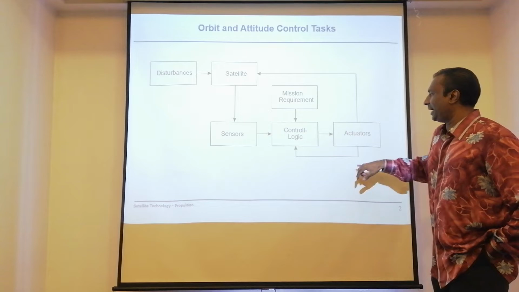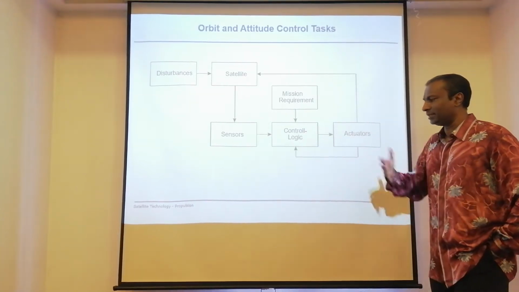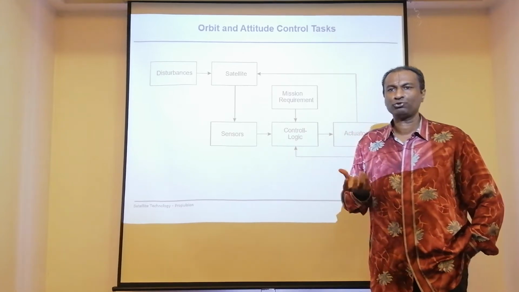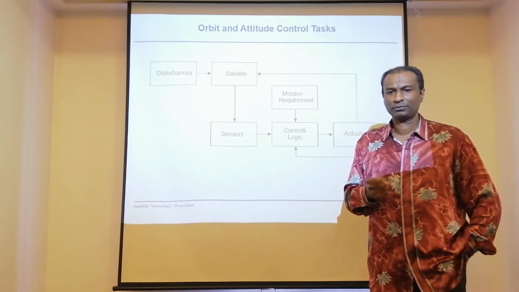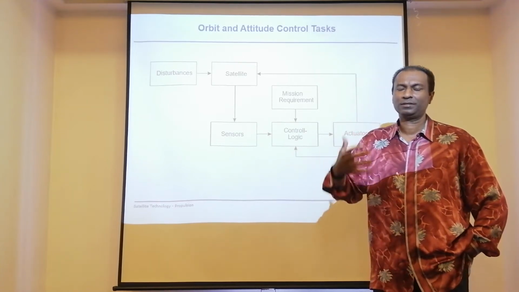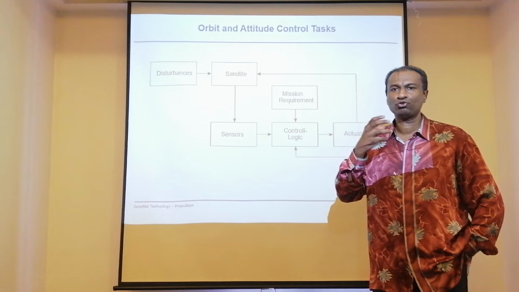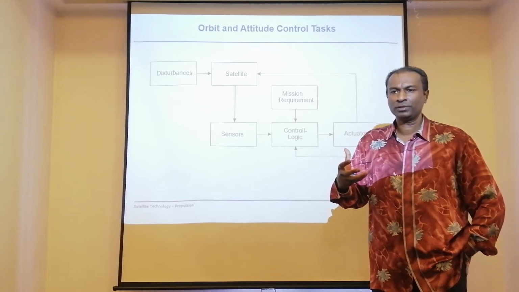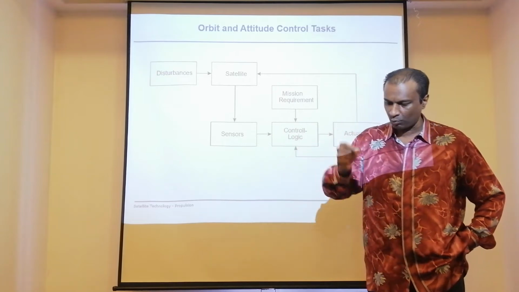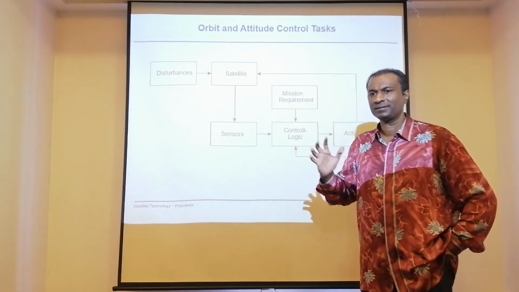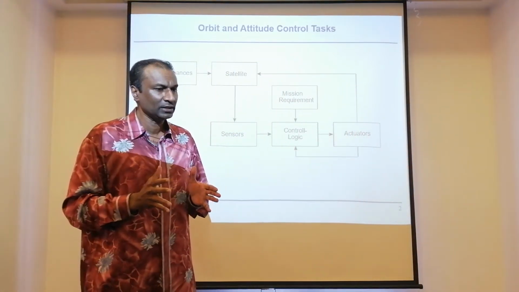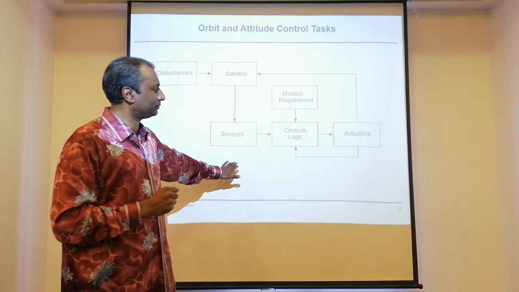Once that is done, these actuators, in this case a propulsion system, can help you correct the satellite. For this particular chapter, please understand that the propulsion system is there to help the satellite correct a particular motion. It could be a rotational motion, or a translation motion from one point to another. That is the core, but you must understand the actual function of that subsystem.